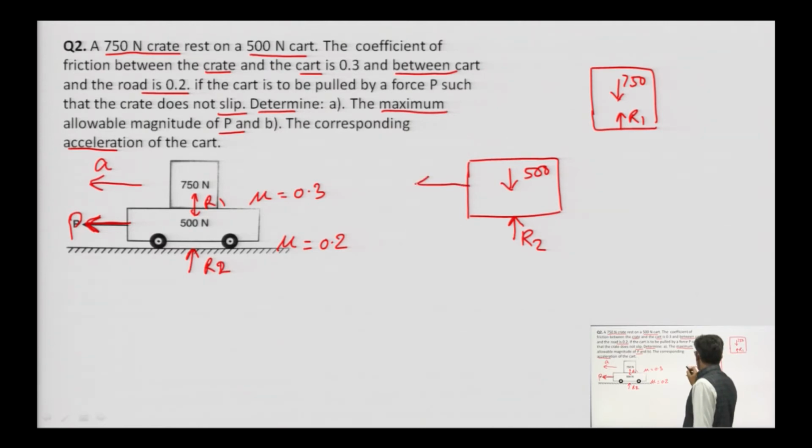P force is acting here, okay. Since motion is this, the friction force is acting along this direction, and its value will be mu into R2.